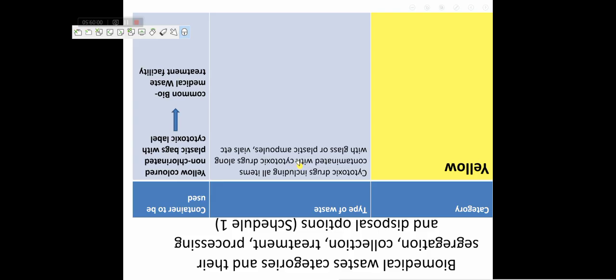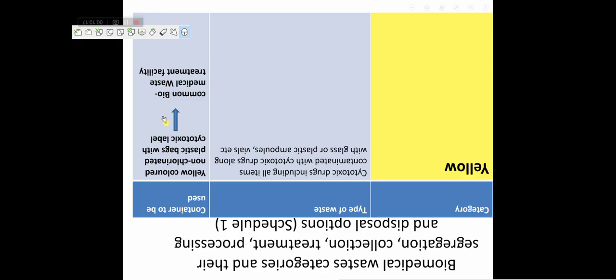Now there will be some cytotoxic drugs, including all the items containing cytotoxic drugs, along with the glass or plastic ampoules, vials, etc. Right? So these will come under this type of waste. For that, yellow colored non-chlorinated plastic bags with the cytotoxic label, right?